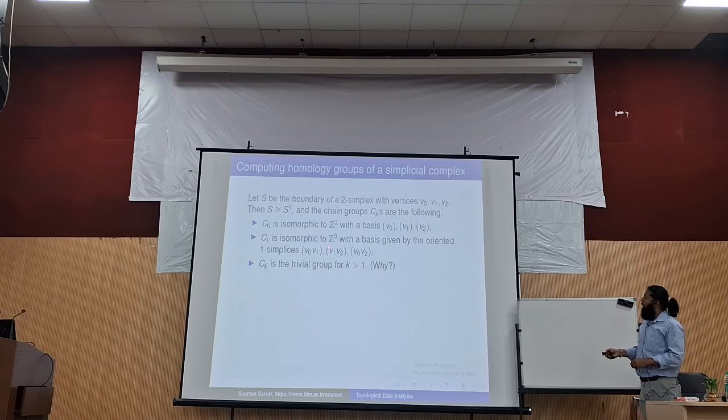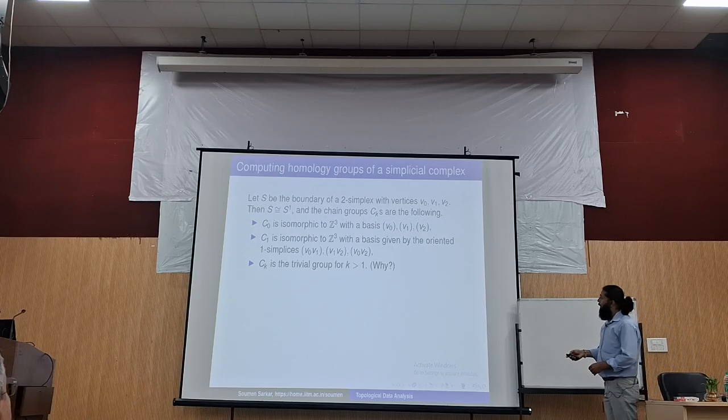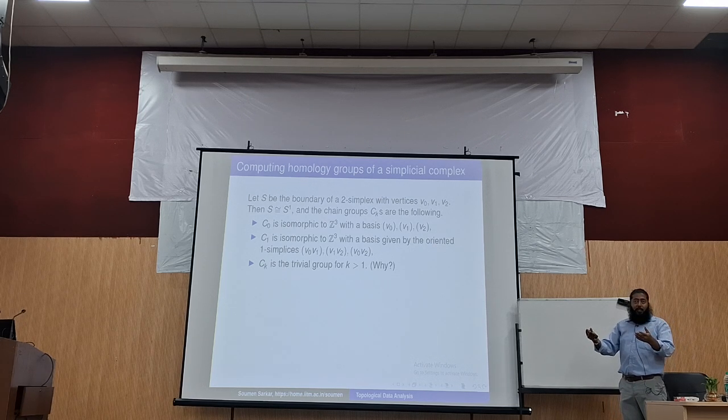So this C1 is isomorphic to Z^3. Why is this 0? Because in the boundary of the triangle there is no higher-dimensional simplex, so the chain group automatically becomes 0.